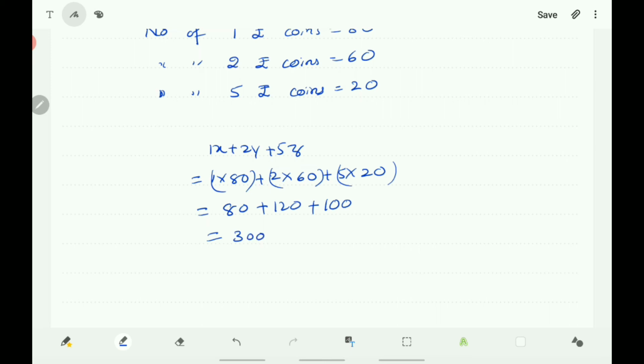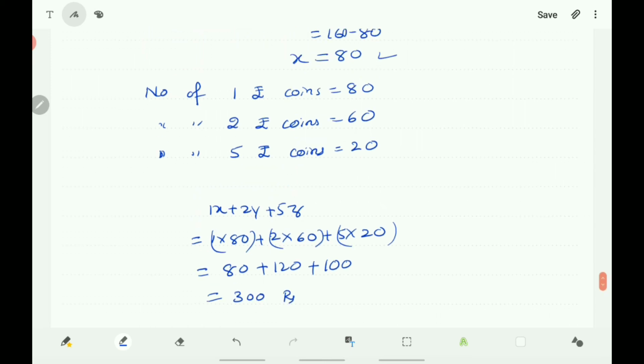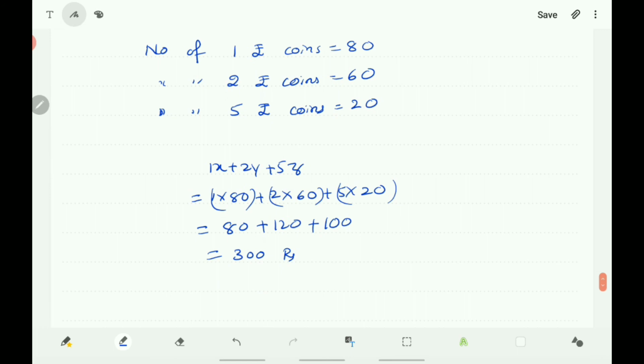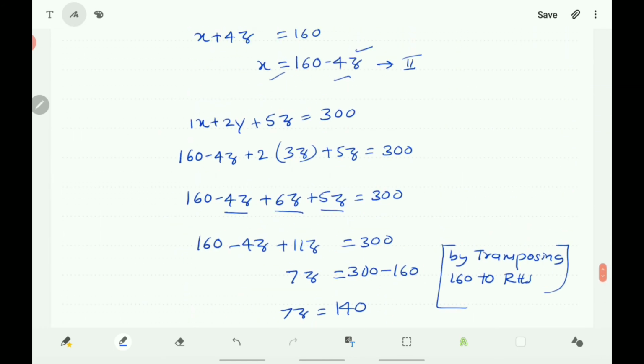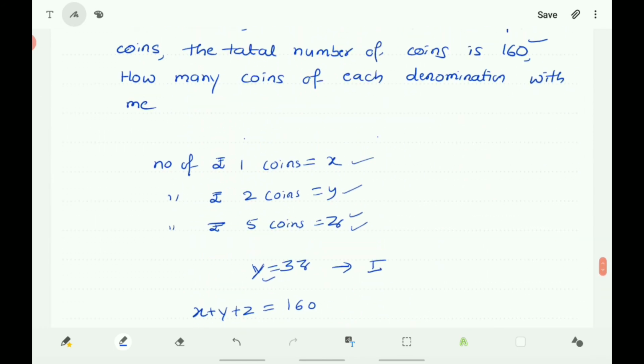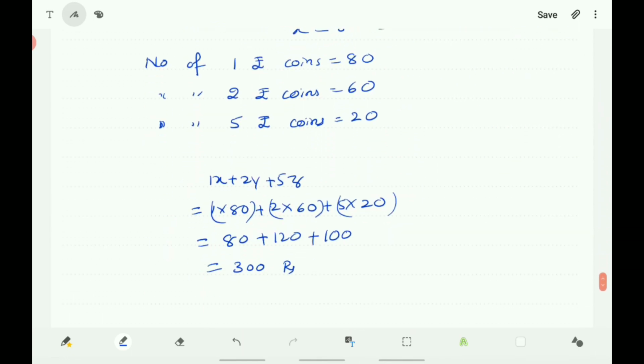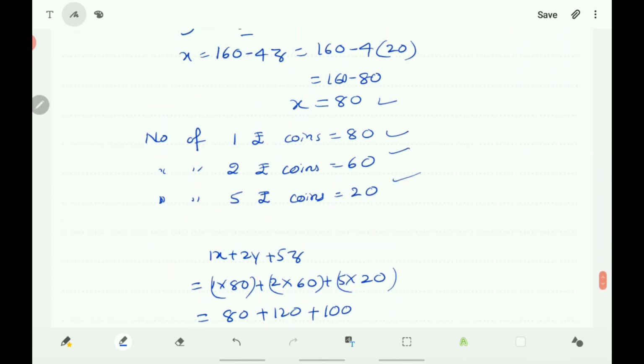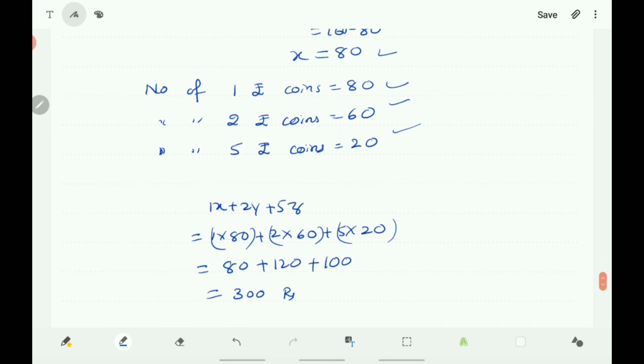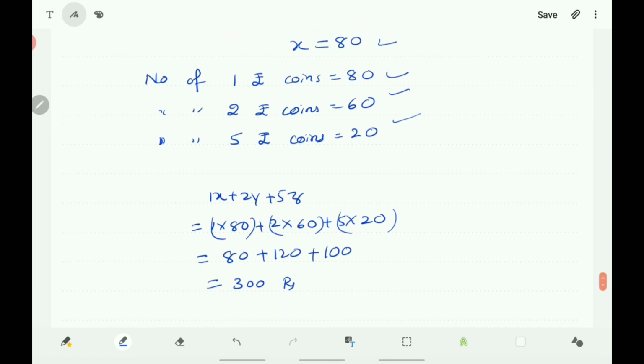So the amount I had is 300 rupees. So you got the number of coins as 80, 60, 20 and the amount is 300.